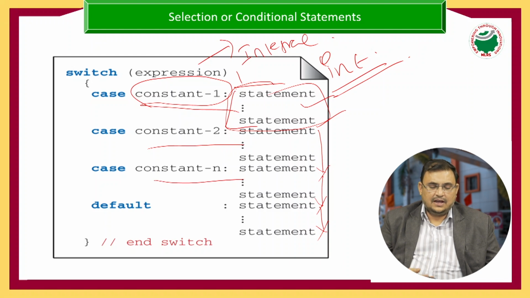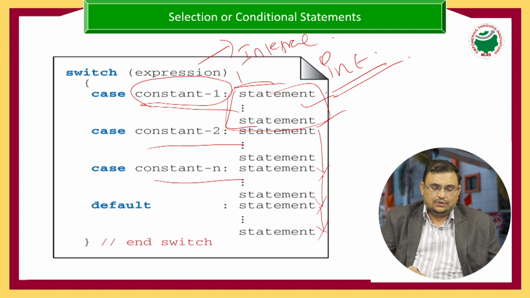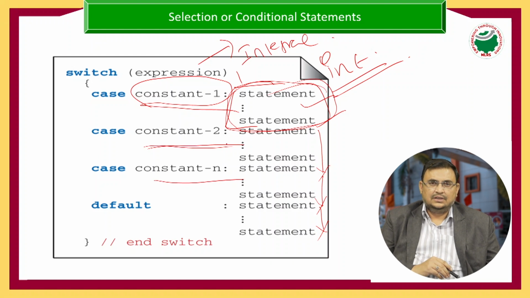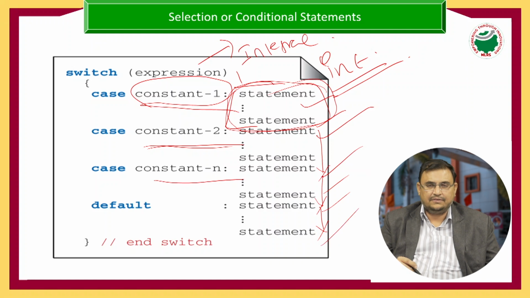For example, if case 1 does not match, it won't execute the case 1 block statements. Control goes to case 2. Case 2 matches, it executes case 2, then followed by case 3, case 4 up to case n, including default also, because switch loses the control when it matches the case.